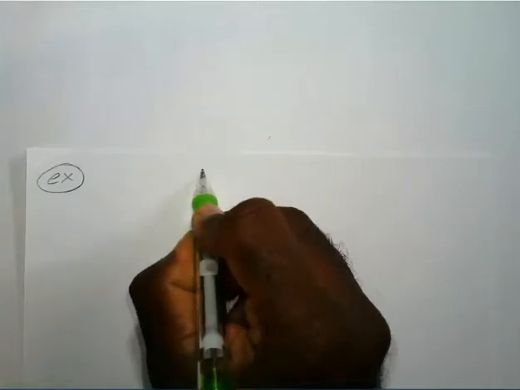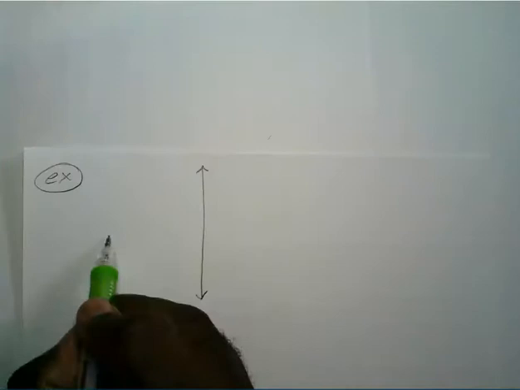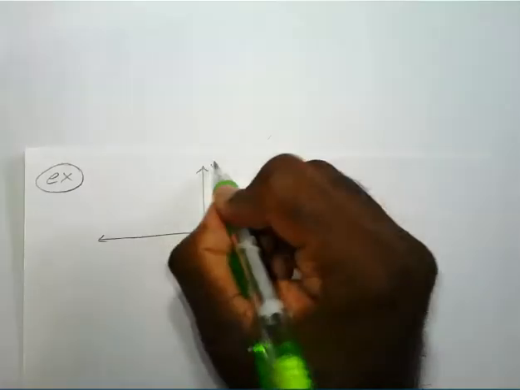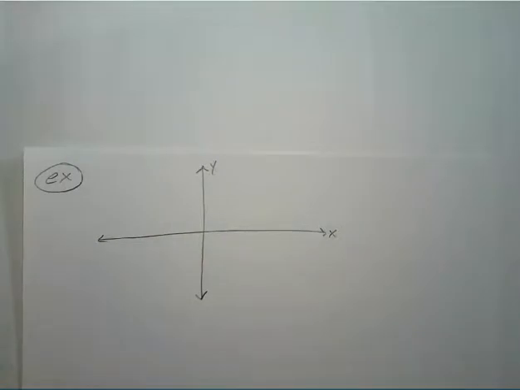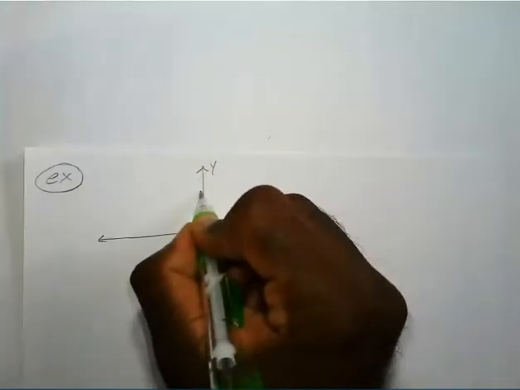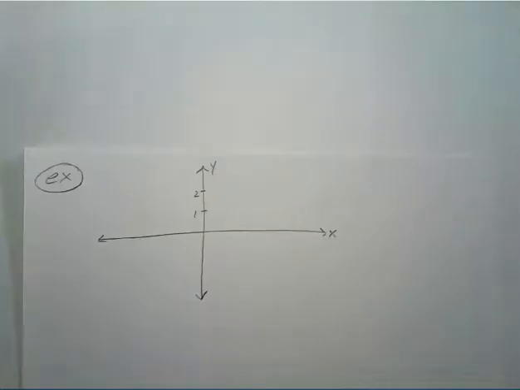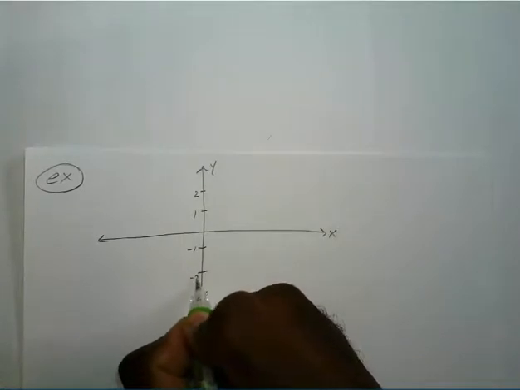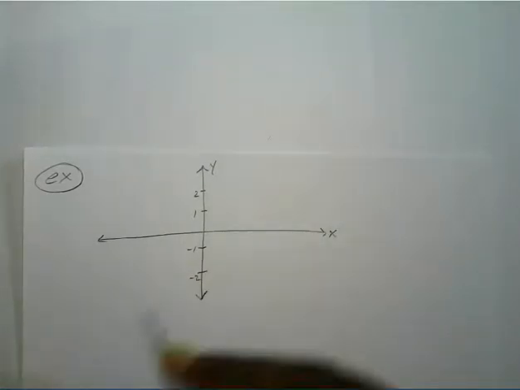For this one, we're going to work around a graph. Let's say we have our XY axis. We have our X and we have our Y. Let's say we have 1, 2, and -1, -2.